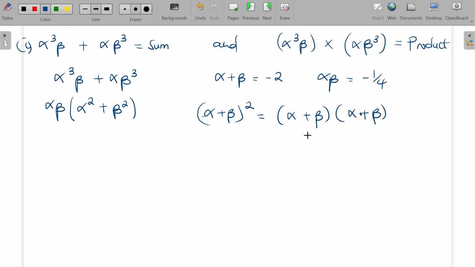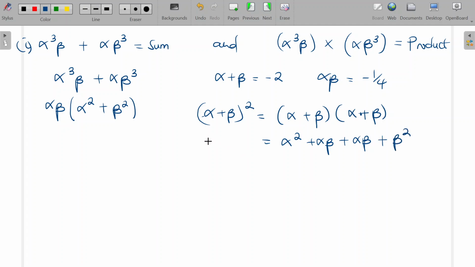That's what it says when you have this expression. Then alpha is multiplying with everything that is here, which is going to have alpha squared. Alpha times beta, you're going to have plus alpha beta. Beta times alpha, you're going to have plus alpha beta. Then beta times beta, you're going to have beta squared.